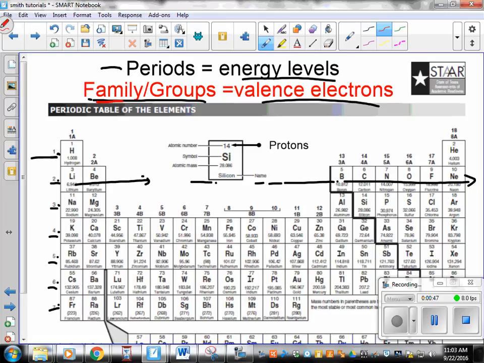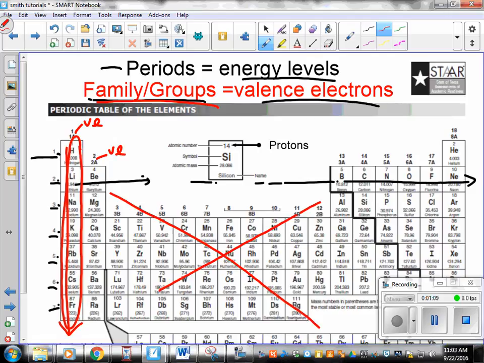Family groups. So here is family group 1. All of these are in the same family. Remember, we are family. We move down the columns you see. So family group 1 has 1 valence electron. Family group 2 has 2 valence electrons. We're going to skip these right now for 8th grade purposes. We'll deal with those later.